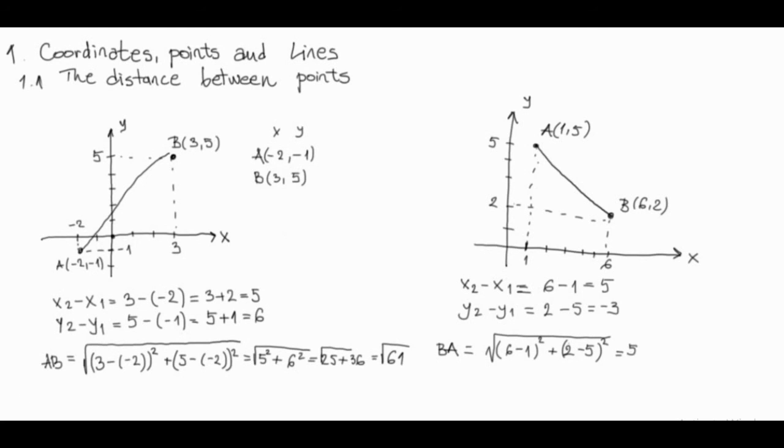So to calculate, we have 6 minus 1 equals 5, squared. 2 minus 5 equals minus 3, squared. So we have 25 plus 9 equals square root of 34. So we know that AB is the same as BA.